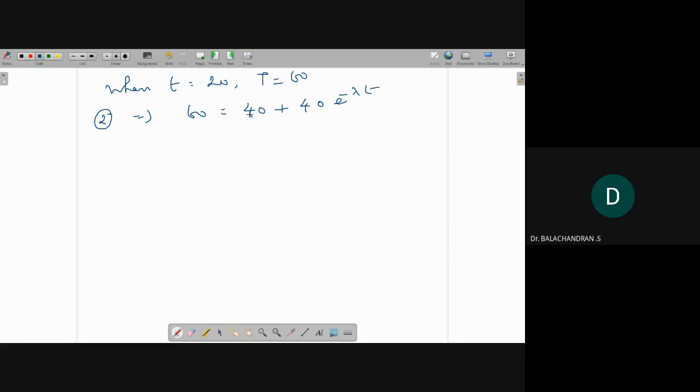So 60 minus 40 is 20. 20 divided by 40 equal to e power minus lambda t. So this implies e power minus lambda t equal to half. But t is 20, so e power minus 20 lambda is equal to 1 by 2.